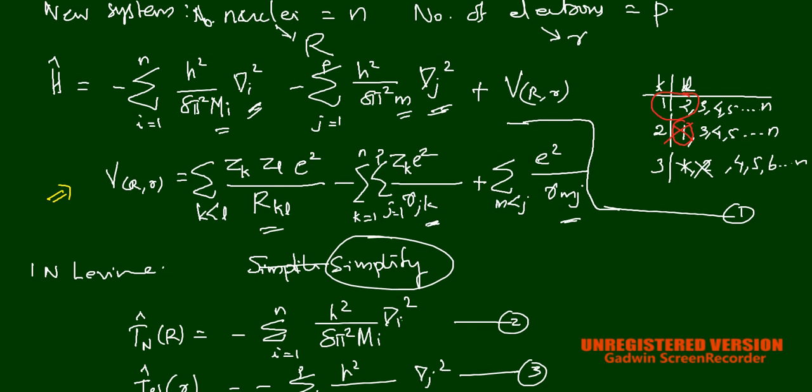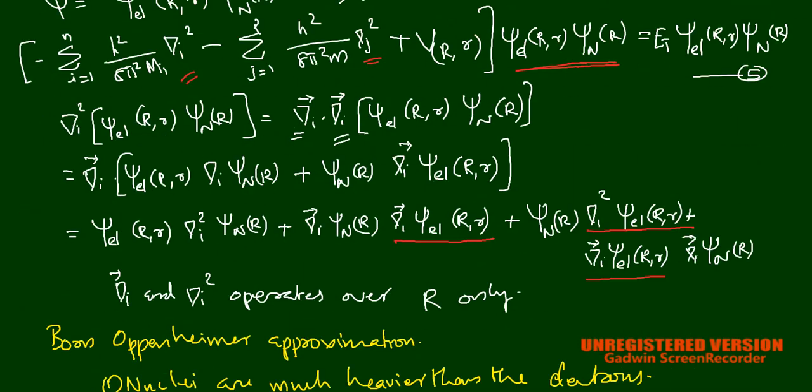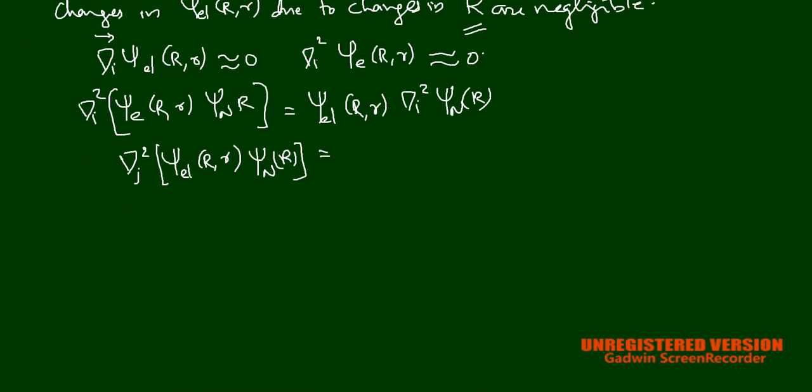So del J square will operate only over the electronic position coordinates. So what we can write here is ψ n r that we can take out, because del J square is not going to operate over this function ψ n r. Then what is remaining is del J square ψ electronic r.